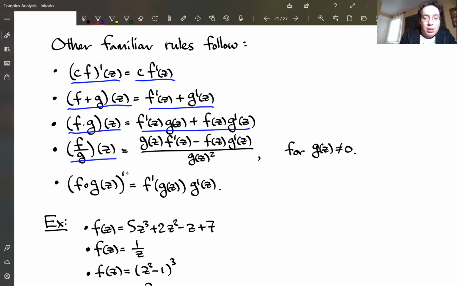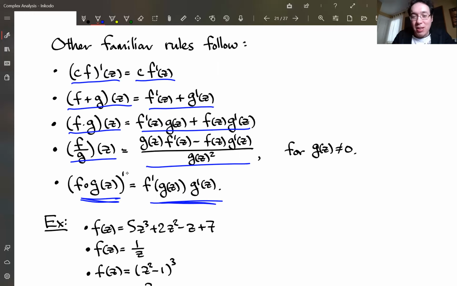And the quotient rule also follows in the same way. And also the granddaddy of derivative rules, the chain rule, thankfully, is exactly the same. And I'm not going to prove them. It's exactly the same proof as it is with real differentiation, because all the limit rules are the same. So the proof is just replacing x with a z.